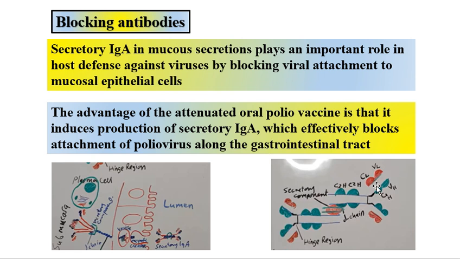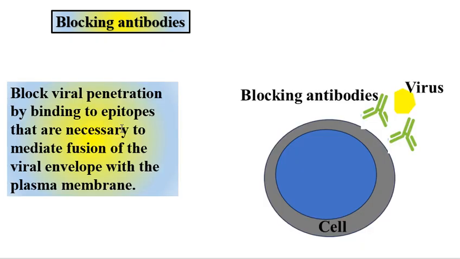As can be seen here, this is IgA antibody. It is dimeric with a secretory chain, and this is the mucosa and submucosa, or lamina propria. These antibodies are produced and reach the lumen to prevent all kinds of infection, including viral infection.